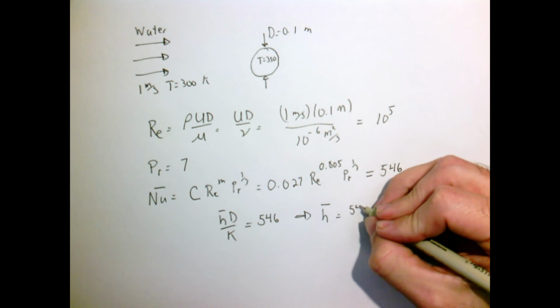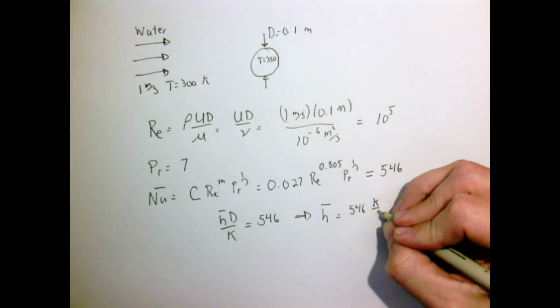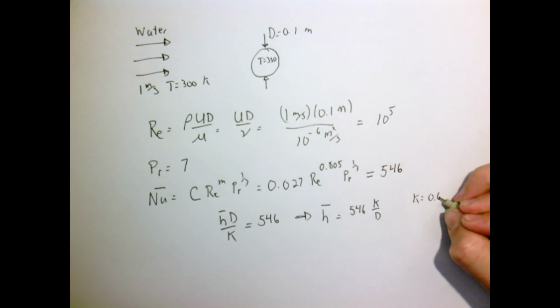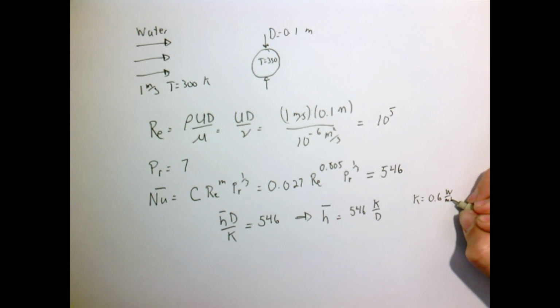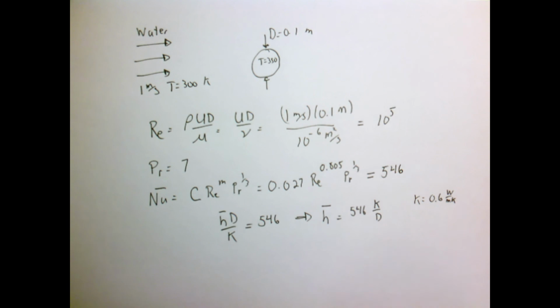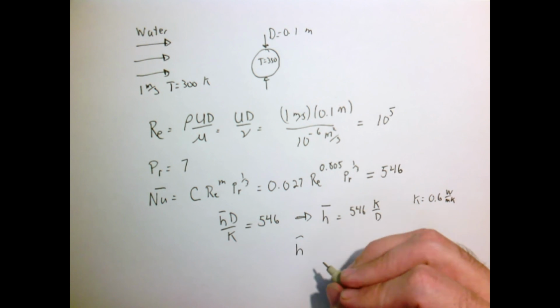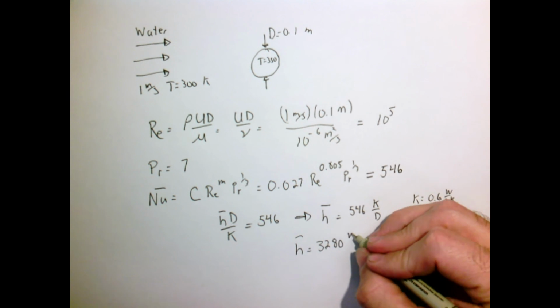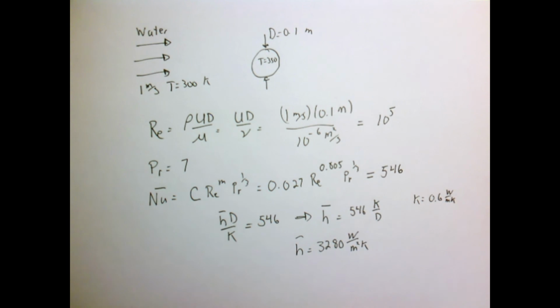So it's going to be 546 times k over D. Turns out the thermal conductivity of water is about 0.6 watts per meter Kelvin. So if I plug in that value for k, that value for D, I get h bar is equal to 3280 watts per square meter Kelvin.